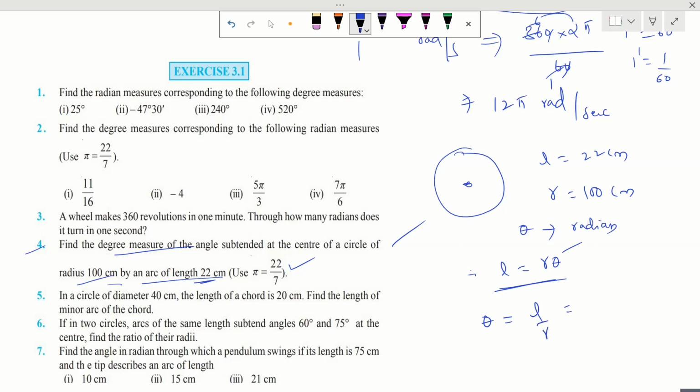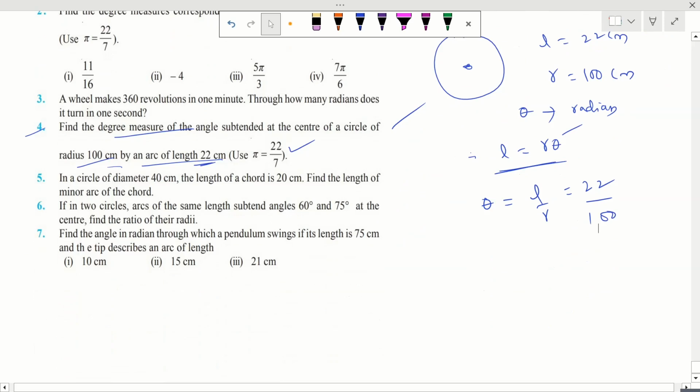L is given as 22 centimeter, and R is 100 centimeter. Now this is in radian.